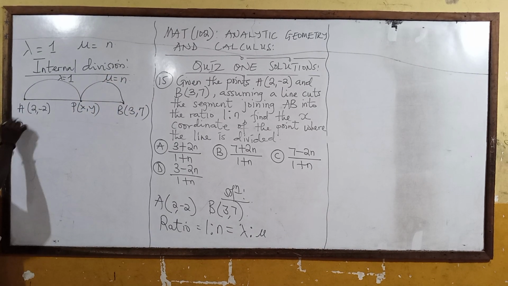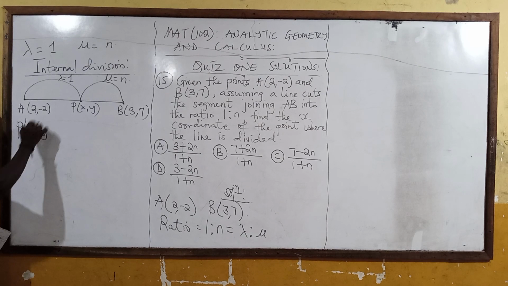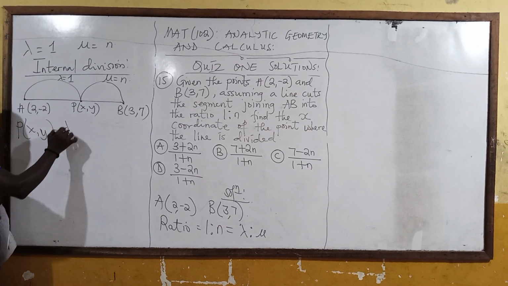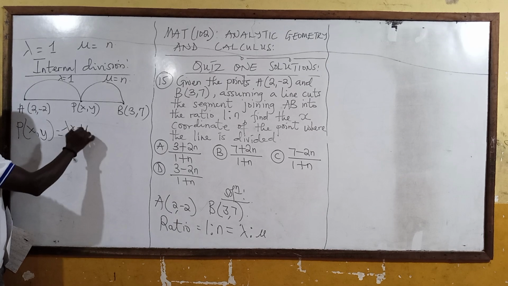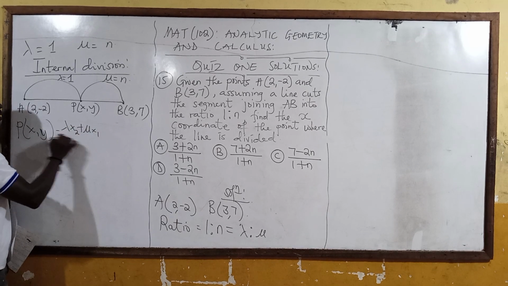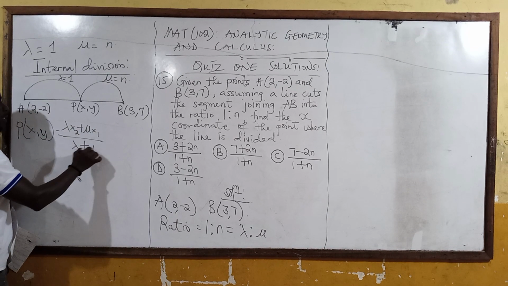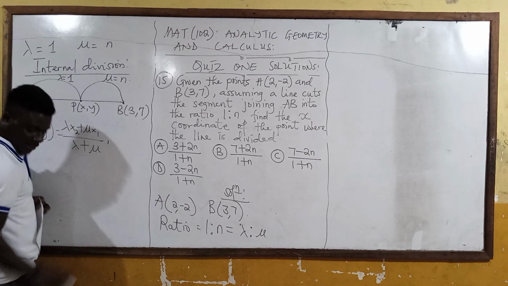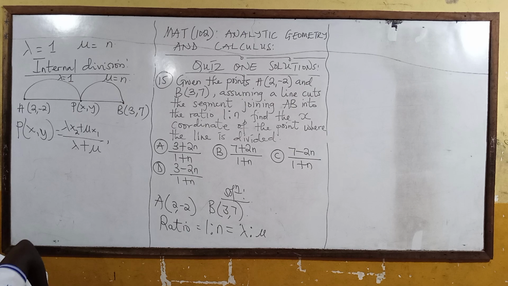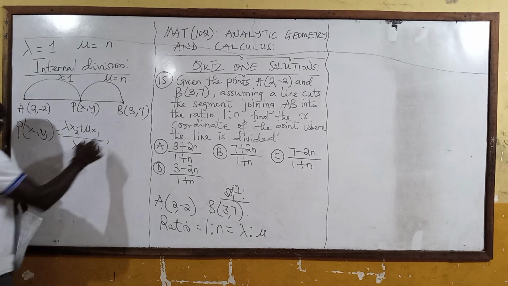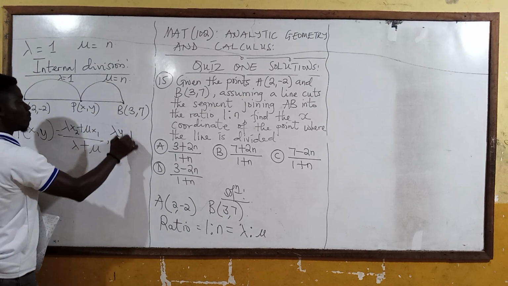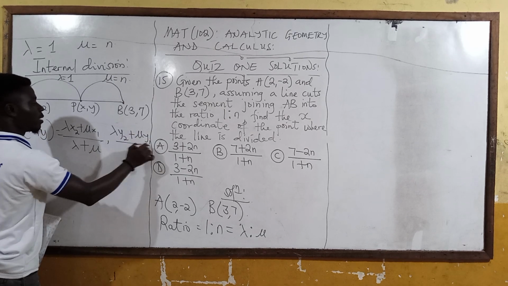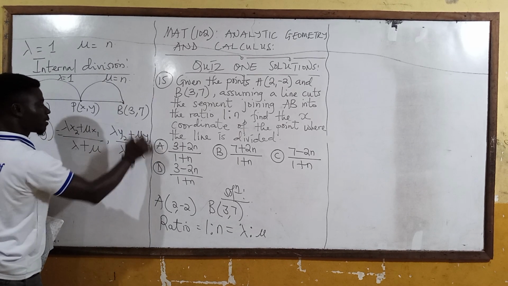So my point P (x, y) must be equal to lambda x2 plus mu x1 divided by lambda plus mu, then here we get lambda y2 plus mu y1 divided by lambda plus mu.